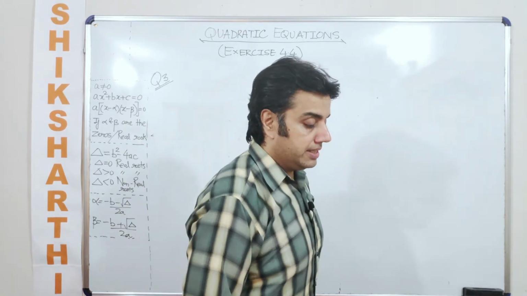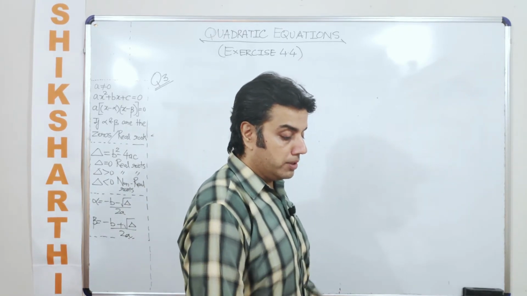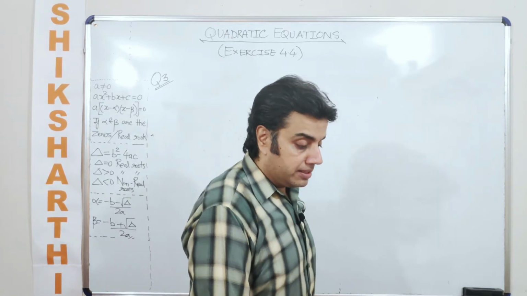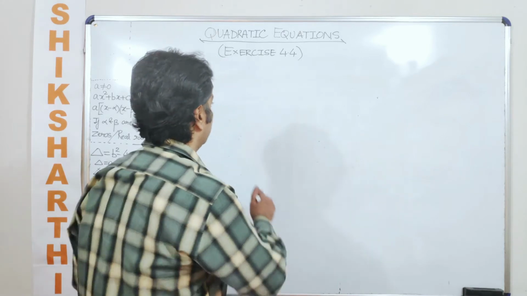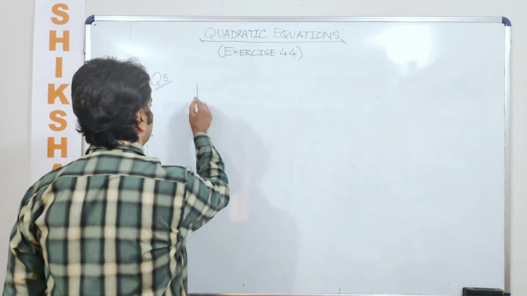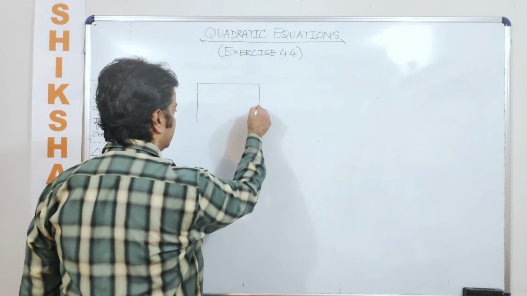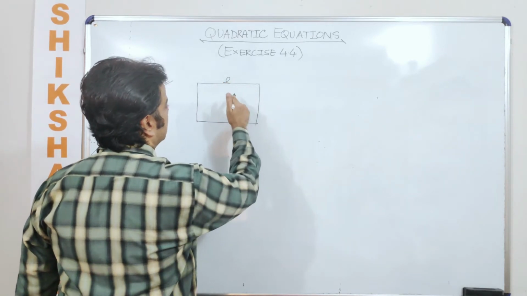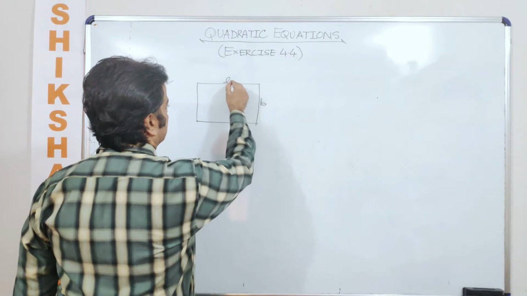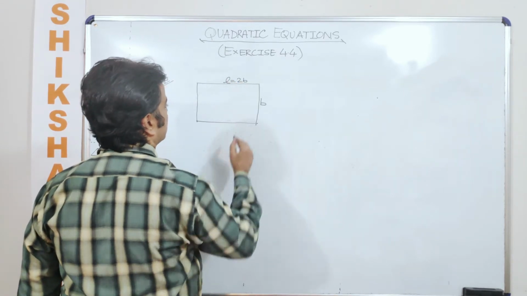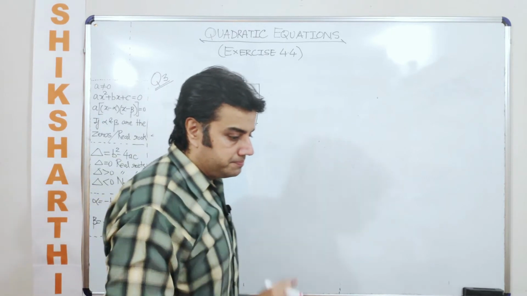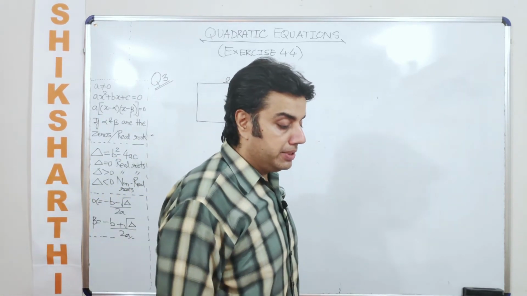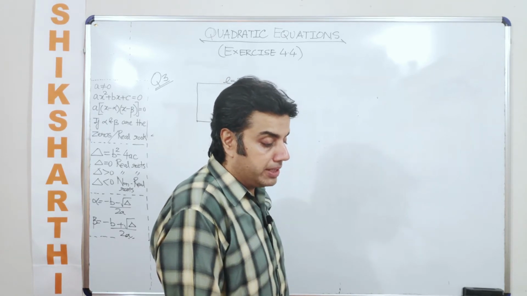In question number 3, it says: is it possible to design a rectangular mango grove whose length is twice its breadth? Okay, we are talking about a rectangle and they are asking, is it possible to construct such a rectangle wherein the length is twice the breadth, and the breadth is B. And the area is given as 800 meter square.